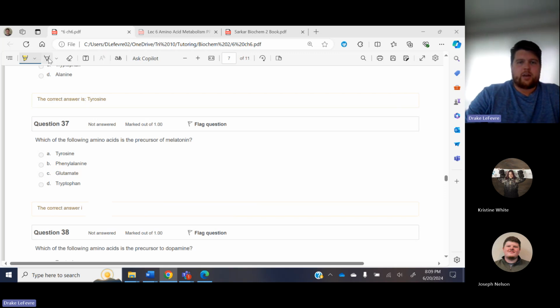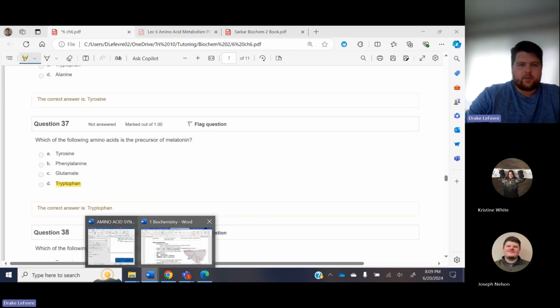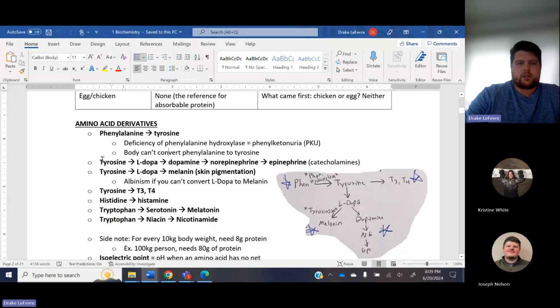Okay, the precursor of melatonin. Melatonin is going to be tryptophan. If you have my board one notes, the tyrosine and tryptophan, these two are the really, really important ones. So phenylalanine converts to tyrosine. If you have a deficiency of phenylalanine hydroxylase, you get PKU, can't convert phenylalanine to tyrosine, and you get albinism.